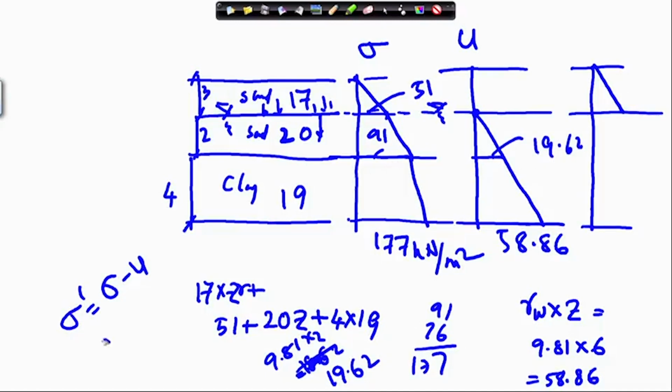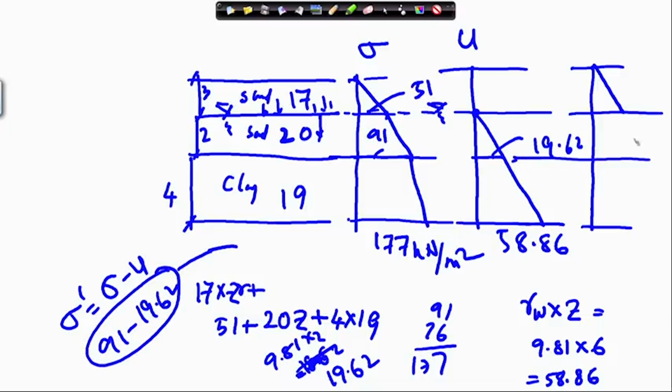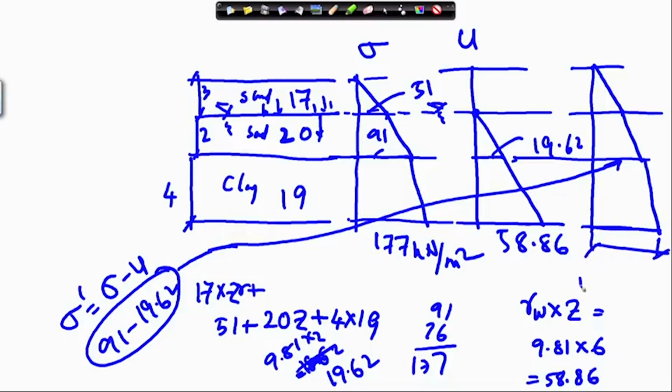So your 91 minus 19.62, whatever value it comes, will be here. Similarly at this point you have 177 minus 58.86, whatever value it comes, will be at this point.